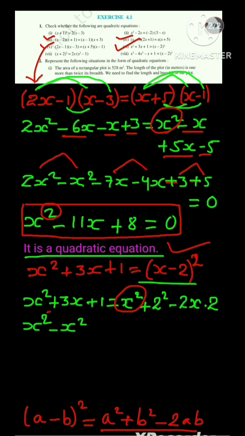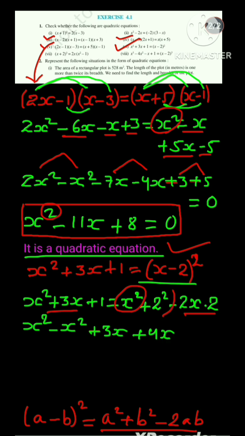this plus 3x as it is plus 3x, and here 2 into 2 is 4, and 4 into x is 4x. Okay, here will be minus 4x, and this minus 4x comes to LHS and becomes plus 4x.